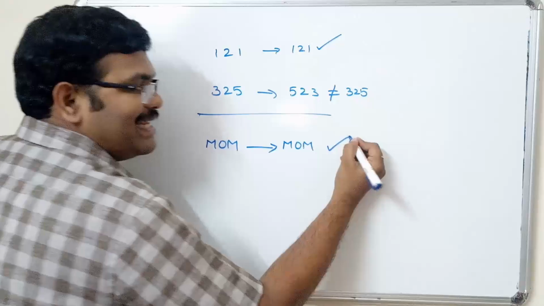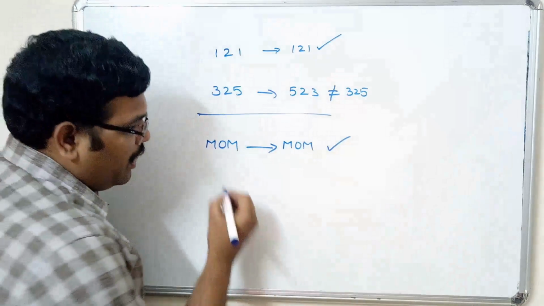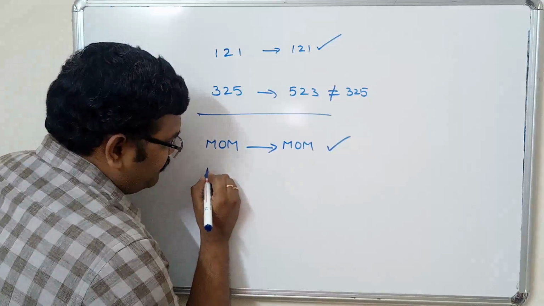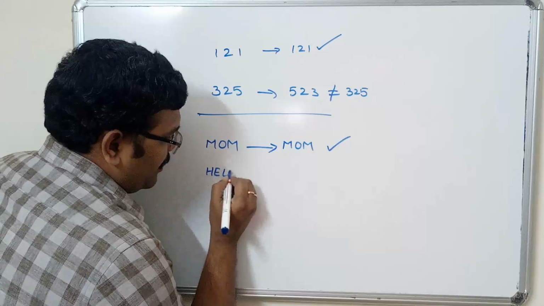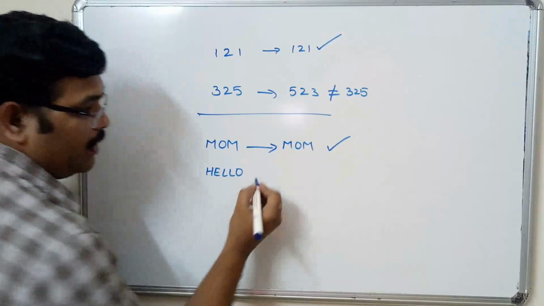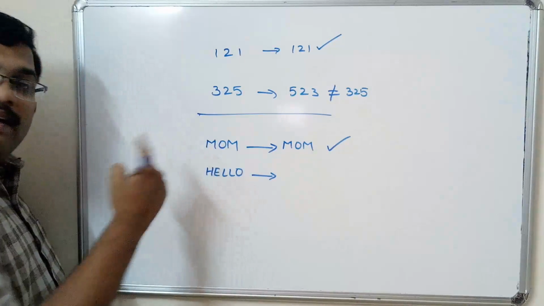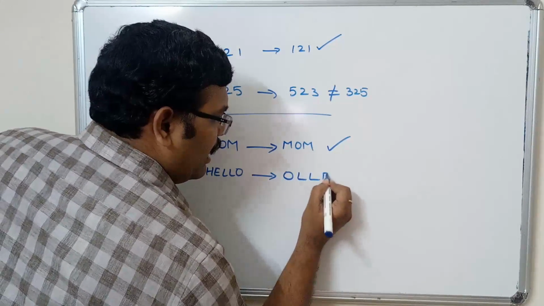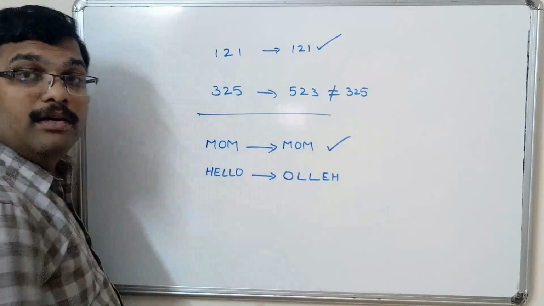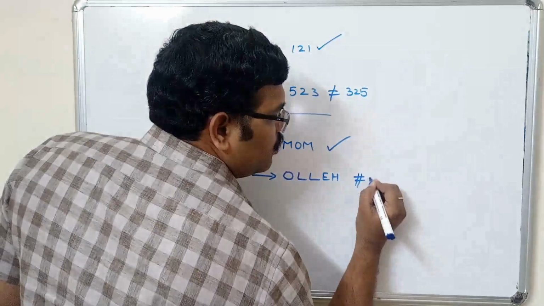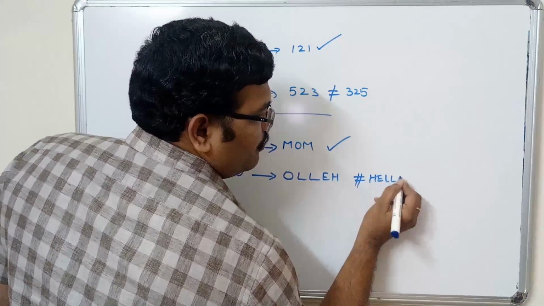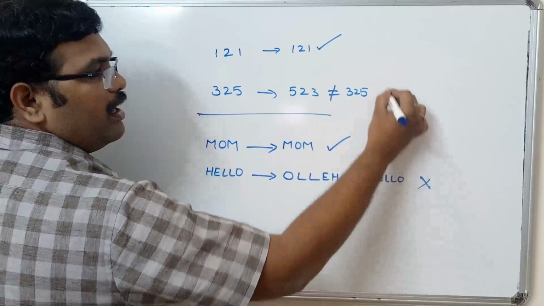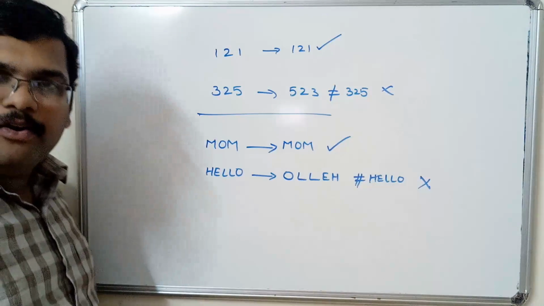So this is a string palindrome. And if you consider "hello", if you reverse this string, we will get "olleh", which is not equal to hello.